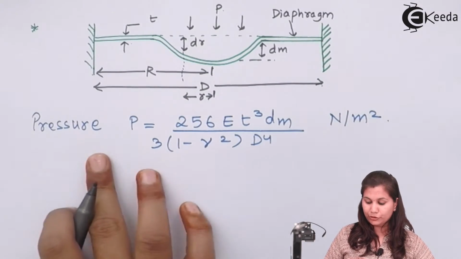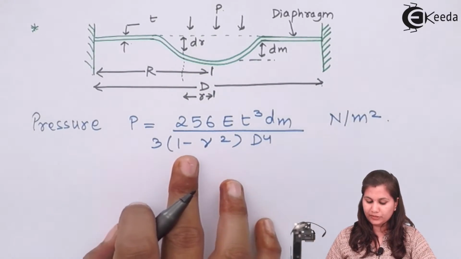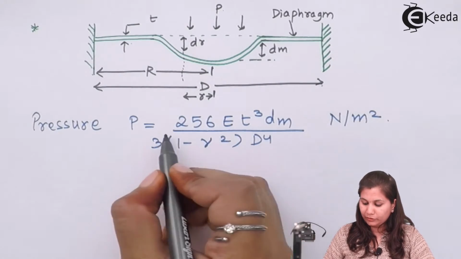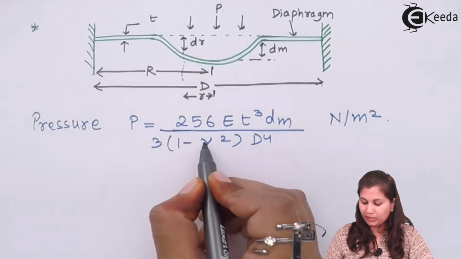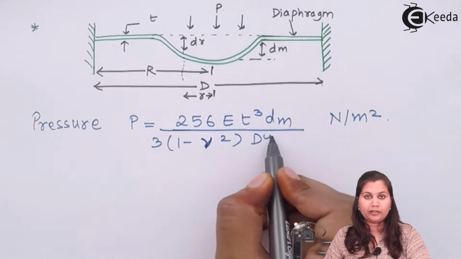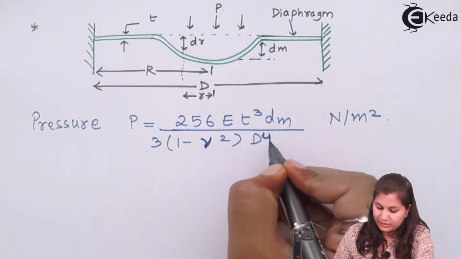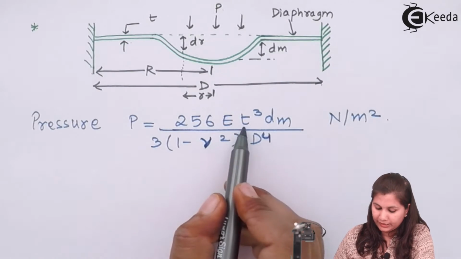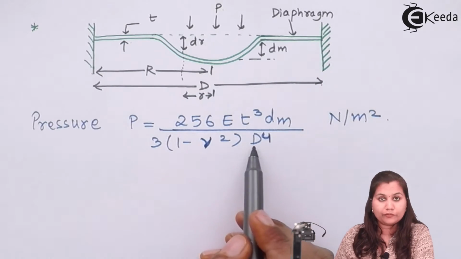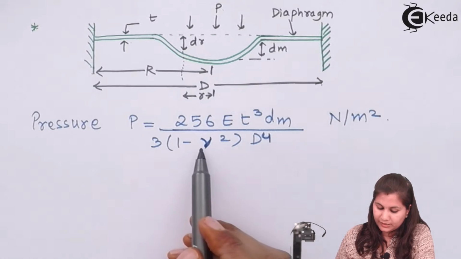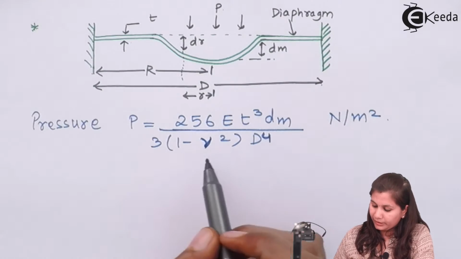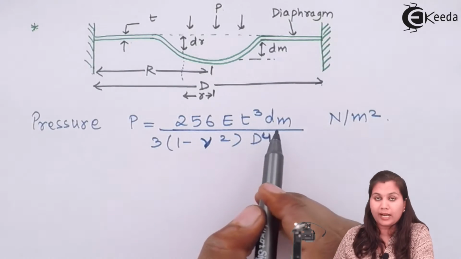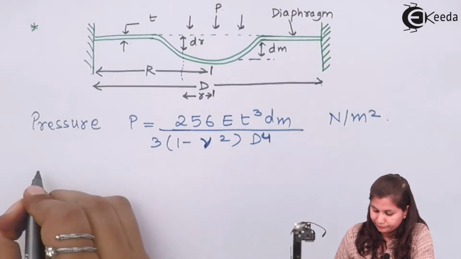The applied pressure P is equal to 256 E T cube dm divided by 3 (1 minus V square) D to the power 4, where P is the pressure, E is the Young's modulus, T is the thickness, D is the diameter of the diaphragm, V is the Poisson's ratio, R is the radius, and dm is the deflection at the center of the diaphragm.